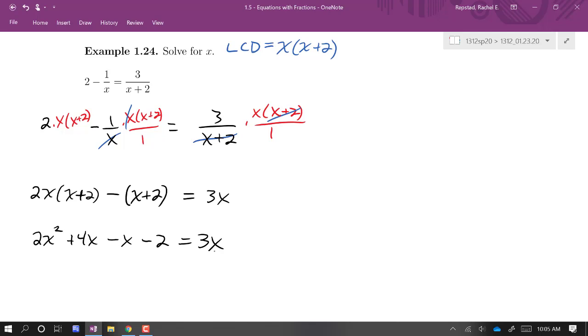To be linear, you can only have x to the first power, just a number times x. This has an x squared. So what kind of equation is it? Once we simplify, it'll be a trinomial. We can write it in 3 terms, but it's quadratic. Yeah, it's a quadratic equation.